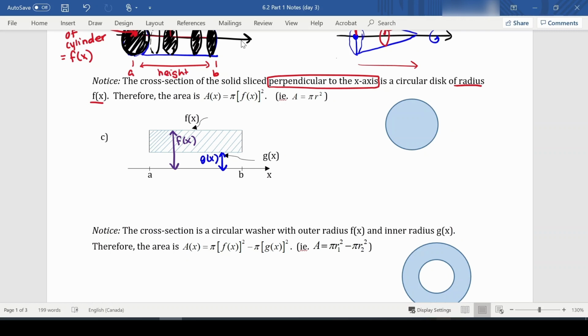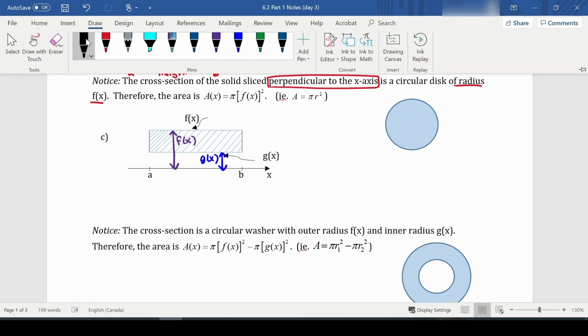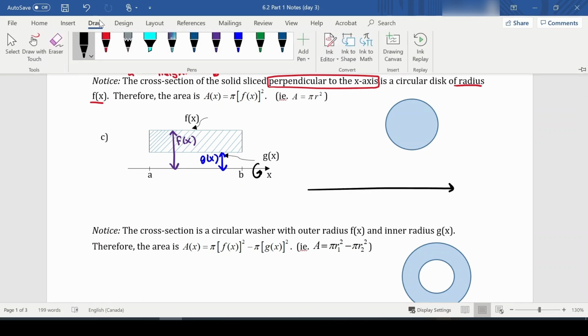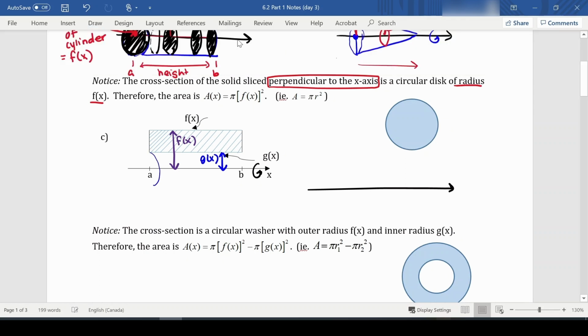So when we rotate this around our axis, what's going to end up happening is we're going to have this cylinder with a hole through the middle. You have the hole in this chunk here where you have no function. So you end up with your inner radius formed by the g of x, which forms a circle when you rotate, and this outer radius.